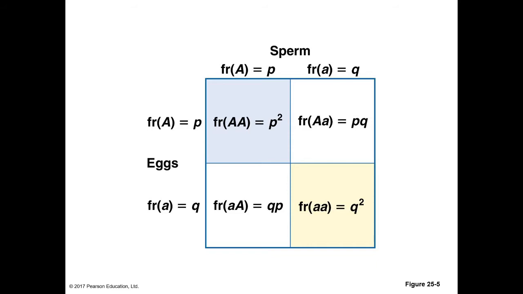What about qp and pq? They are both the same, so we can write 2pq. The frequency for small a, small a is q times q, which is q squared. So p squared plus pq plus qp, which we simplify as 2pq, plus q squared, is the Hardy-Weinberg equation.